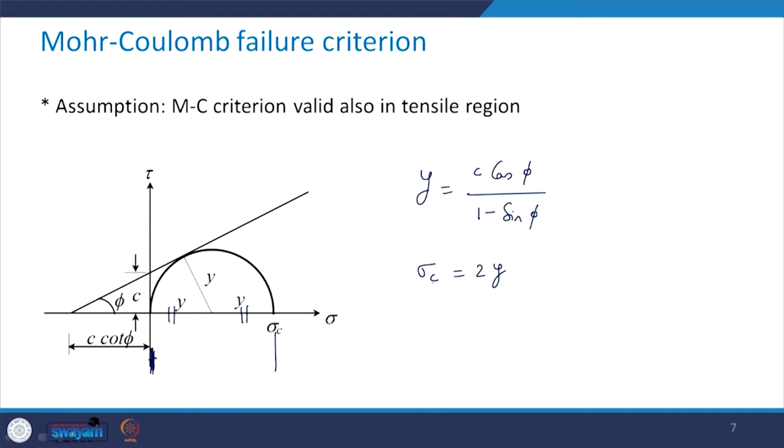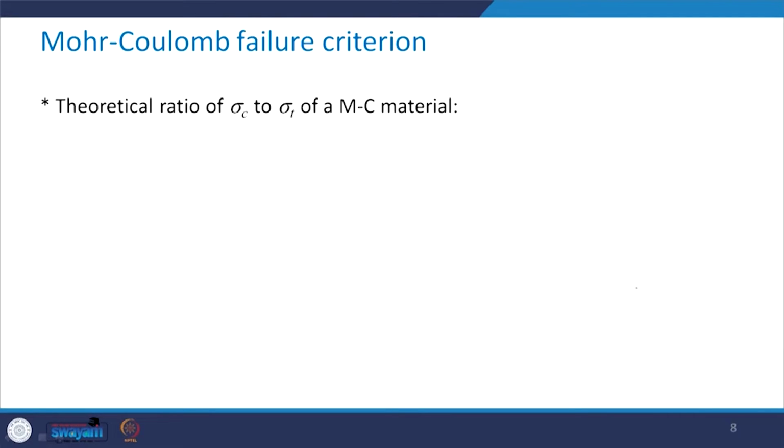So sigma c becomes equal to 2y, and that is equal to 2c cos phi divided by 1 minus sine phi. It is simple trigonometry that we can use to find these relationships.